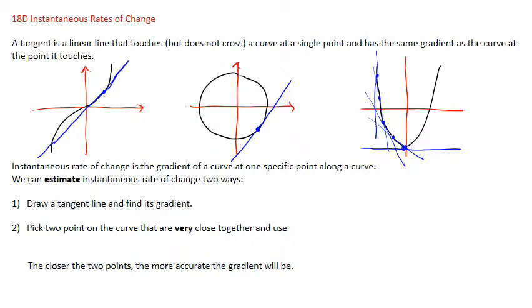When you get to the bottom of a parabola, it's horizontal, and then you start going back up, and it turns back the other way. So any point at the maximum or the minimum of a parabola, the turning point, will be zero gradient.